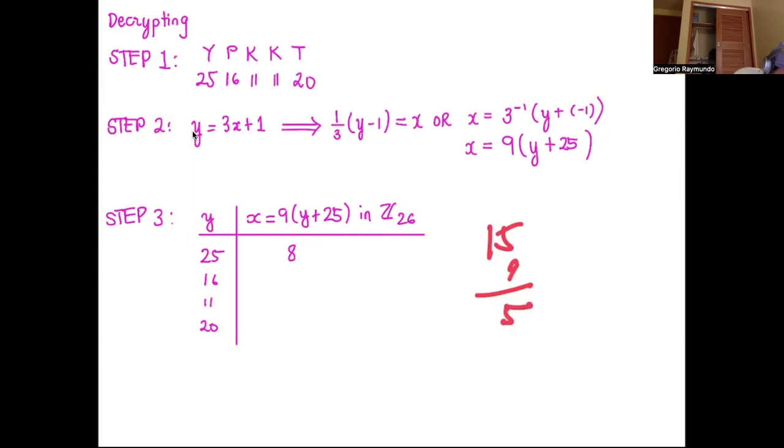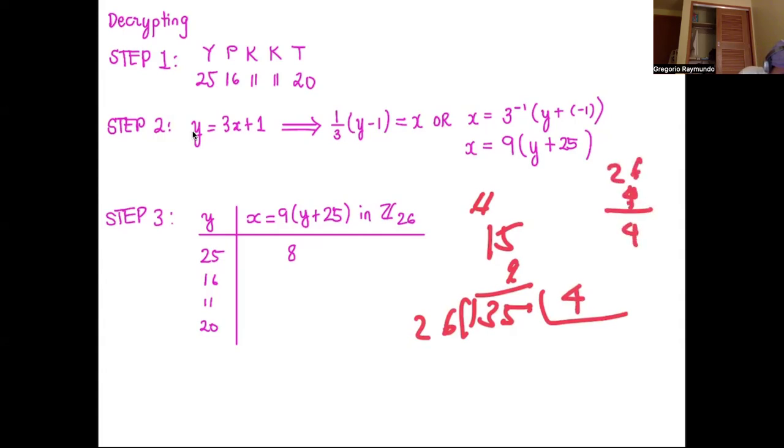5, carry 4, 25, 9 plus 4, 13. 135 divided by 26. Let's try 2, 4, 6, 2, 4. 26 times 4, 6 times 4, 24, 8, 9, 10.